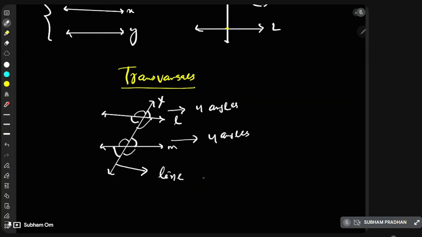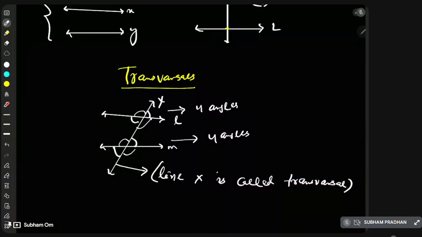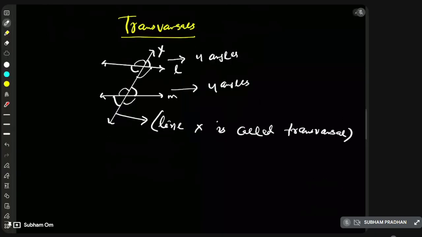Here line X is called the transversal. So in simple words, when a line intersects two lines, that line is called a transversal.